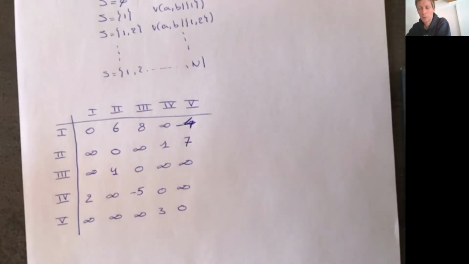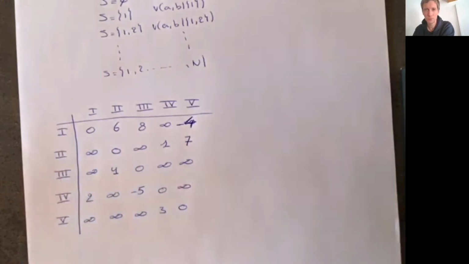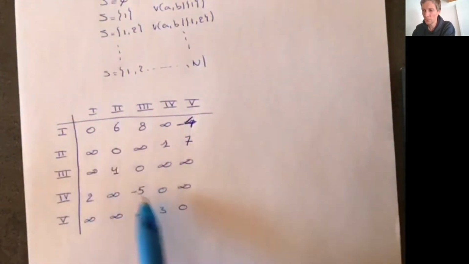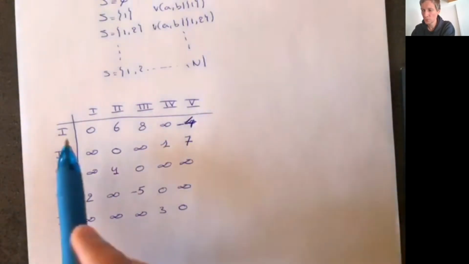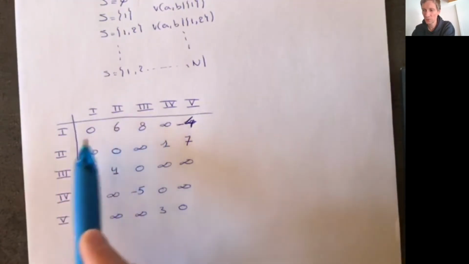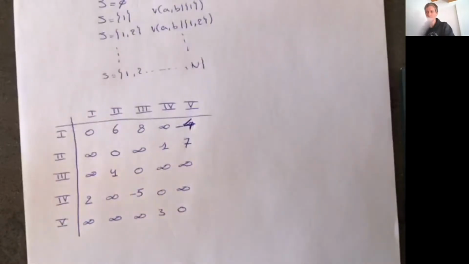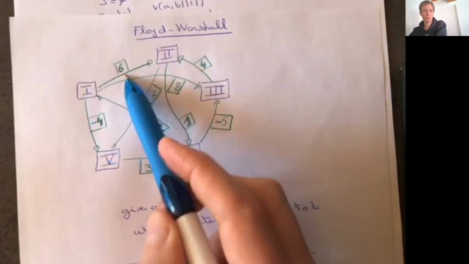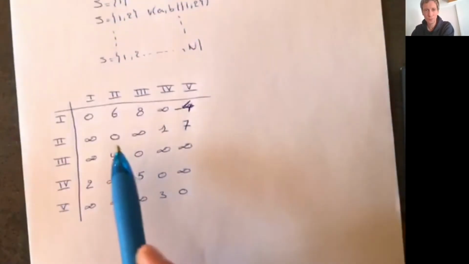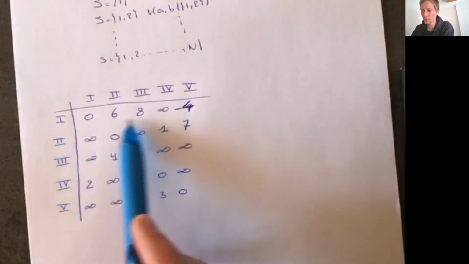Okay, let's try to see how this works in practice. So here what I have written down is a table, right? It's basically the table of distances. So here I have the nodes, here I have also the nodes, and each entry gives a distance between two nodes, right? So for example, the distance from 1 to 1 is equal to 0, the distance from 1 to 2 is 6, right? Because there's a path from 1 to 2 that has a cost of 6. So these are the direct costs of going from some node to another node.